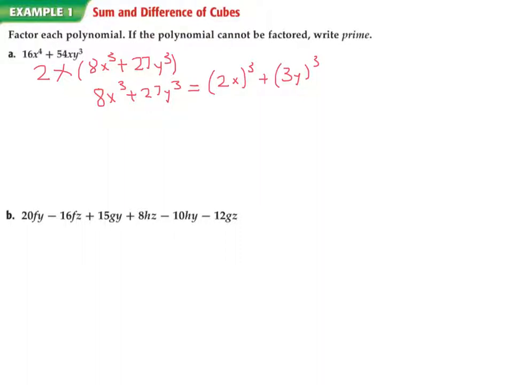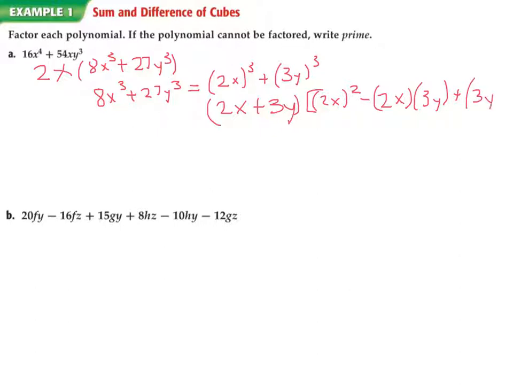So using our formula, we can say (2x plus 3y) multiplied by (2x squared minus 2x times 3y plus 3y squared).